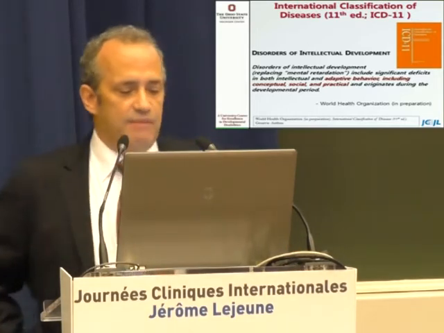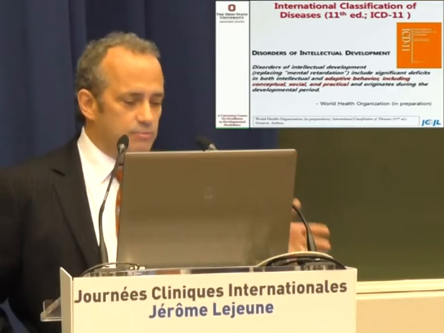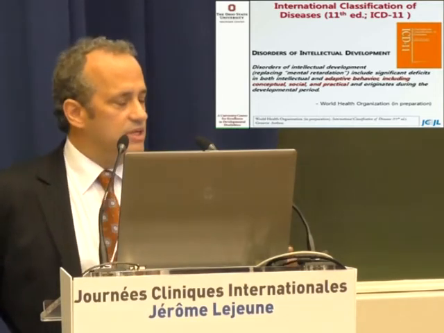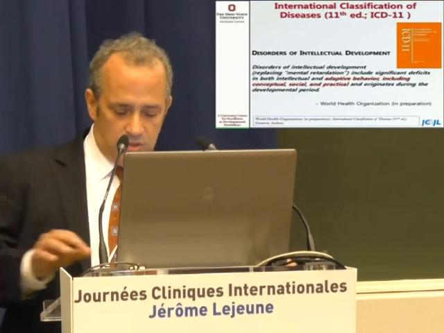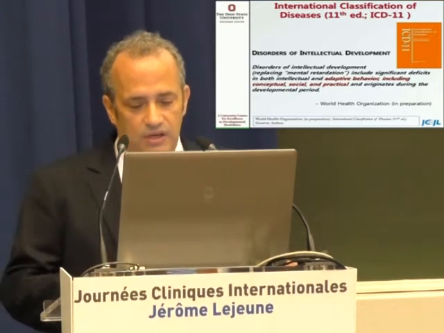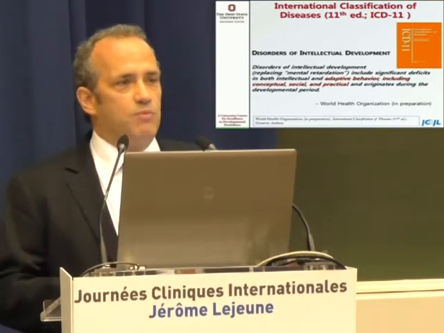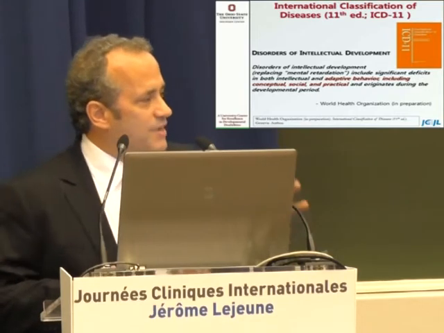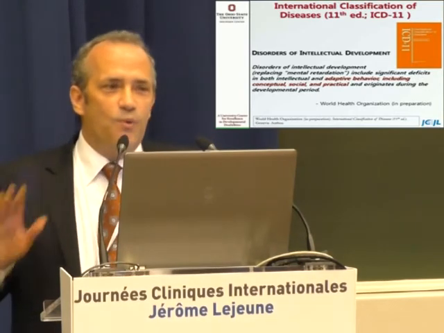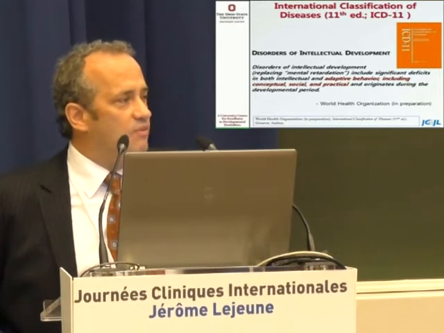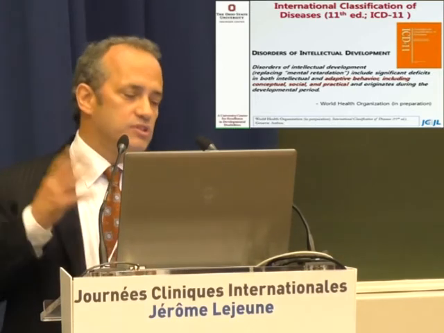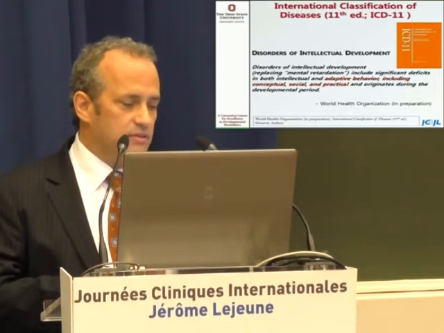Both intellectual and adaptive behavior, including conceptual, social, and practical, and originates during the developmental period. So again, I think we're in a very exciting time where we have worldwide convergence of how we define what we used to call mental retardation and now call intellectual disability.